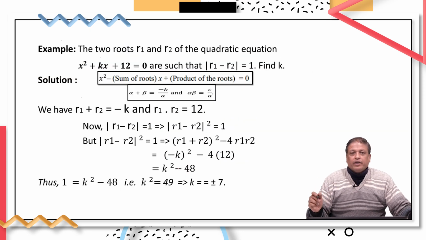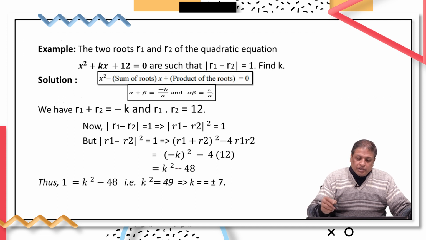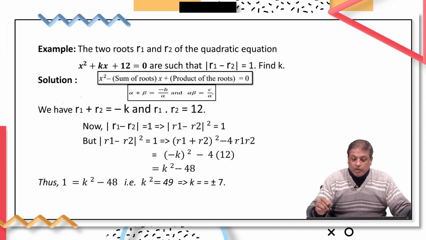Let's move on to some more questions so as to have a better understanding. Over here the question is that the two roots r1 and r2 of the quadratic equation x square plus kx plus 12 is equal to 0 are such that the modulus of r1 minus r2 is equal to 1, and we are supposed to find k.